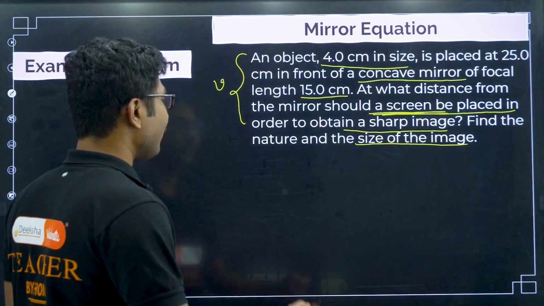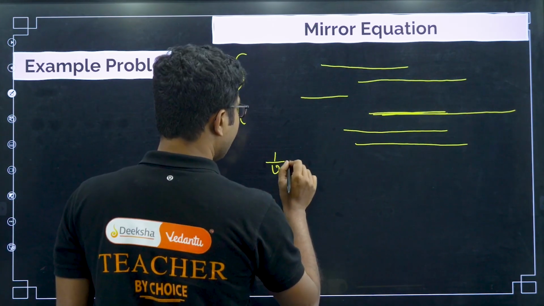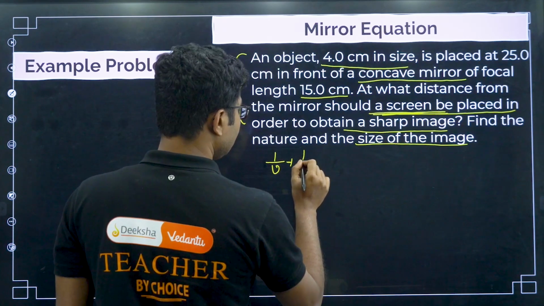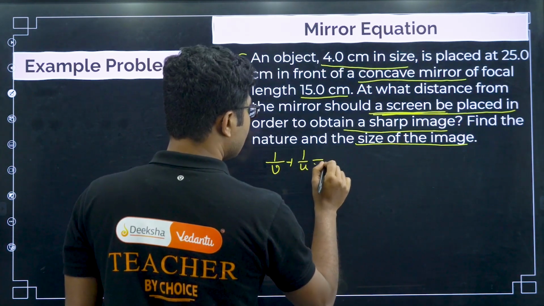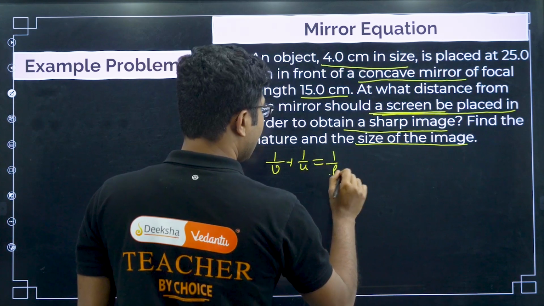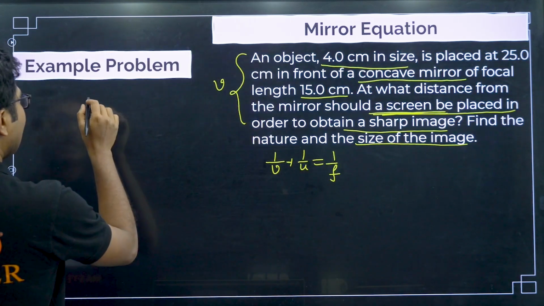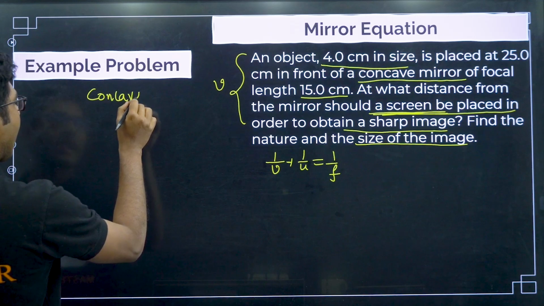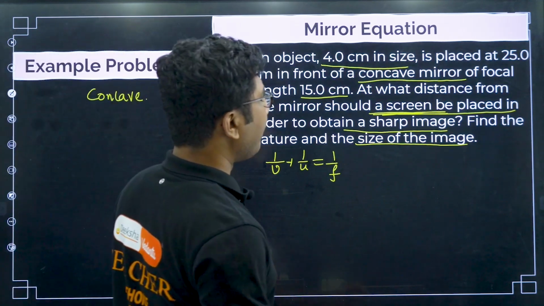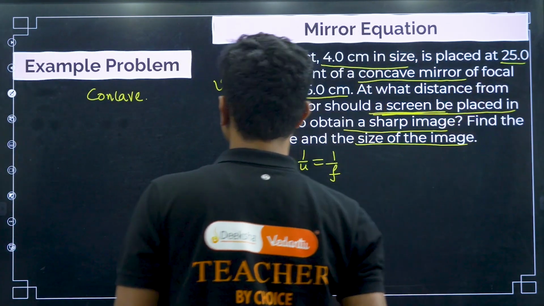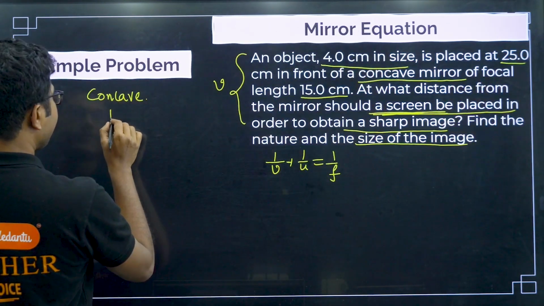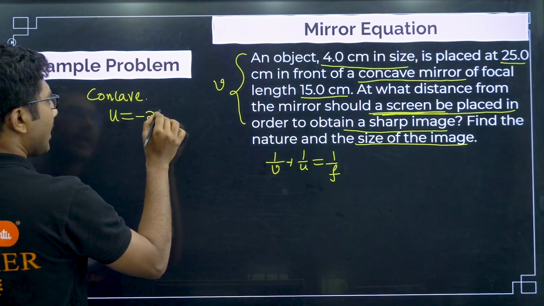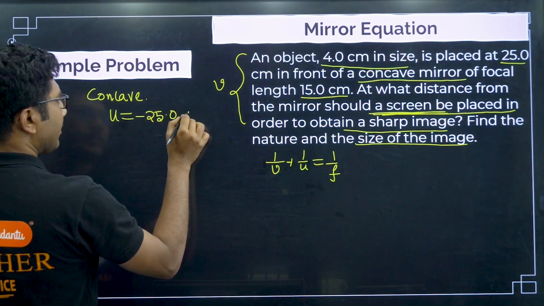So let us start with the formula: 1 by V plus 1 by U equals 1 by F, right. Now what is the type of the mirror? It is a concave mirror, and placed at 25 centimeter means U is given, U is minus 25.0 centimeter.